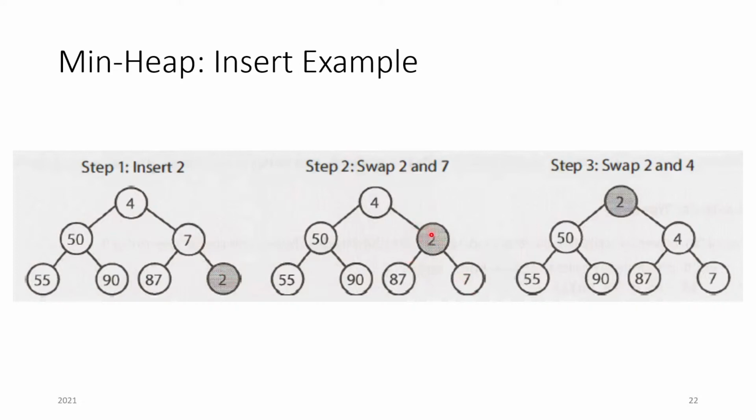Then we compare 2 to our next parent node, and it's still less than, so we do the swap again, making sure that 2 goes on top. Finally, we do a general check to see if 2 is less than any previous values. Was it at the root node level? Then we know to stop swapping, and we've maintained the order of the tree throughout the entire thing.